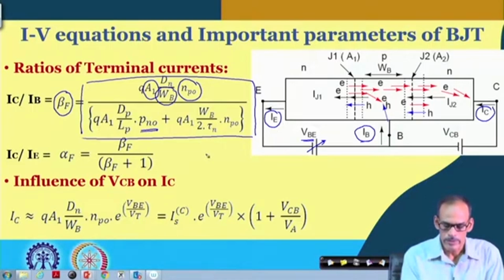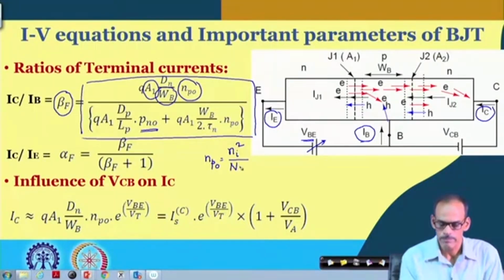Namely, np0 is nothing but ni squared, the intrinsic carrier concentration, divided by Na, the acceptor concentration in the base. So this corresponds to the base region.